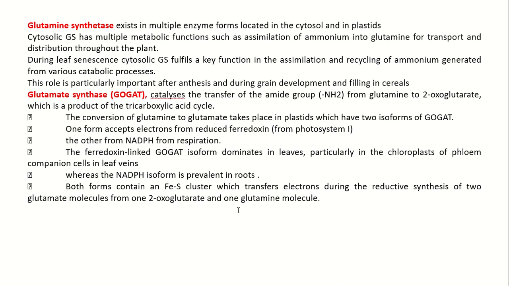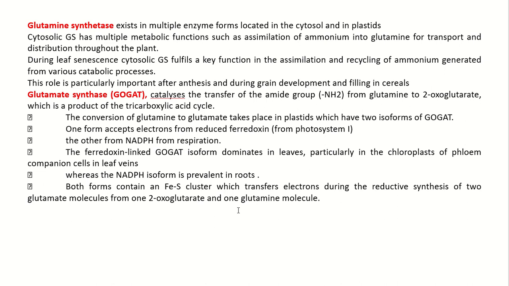Generally it came previously also, but I am repeating. Glutamine synthetase, remember, exists as multiple enzymes, a multiple complex. Located where? In the cytosol and in the plastid, as I said in the previous picture also.